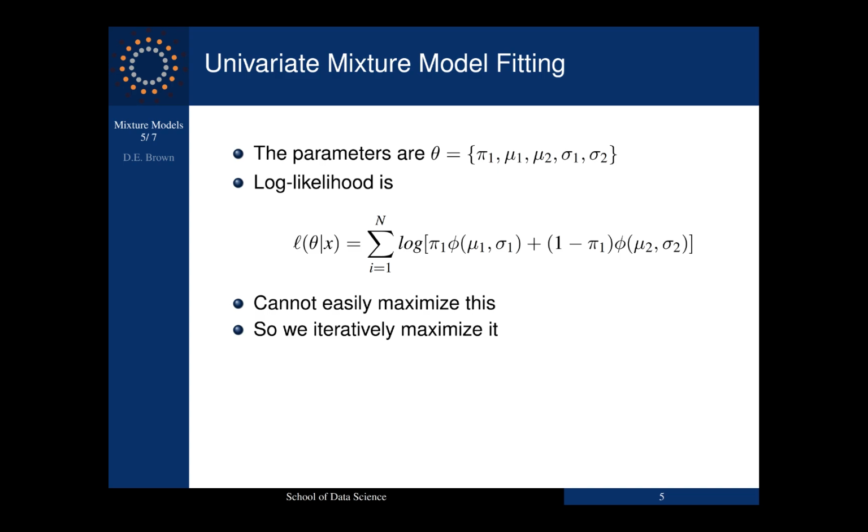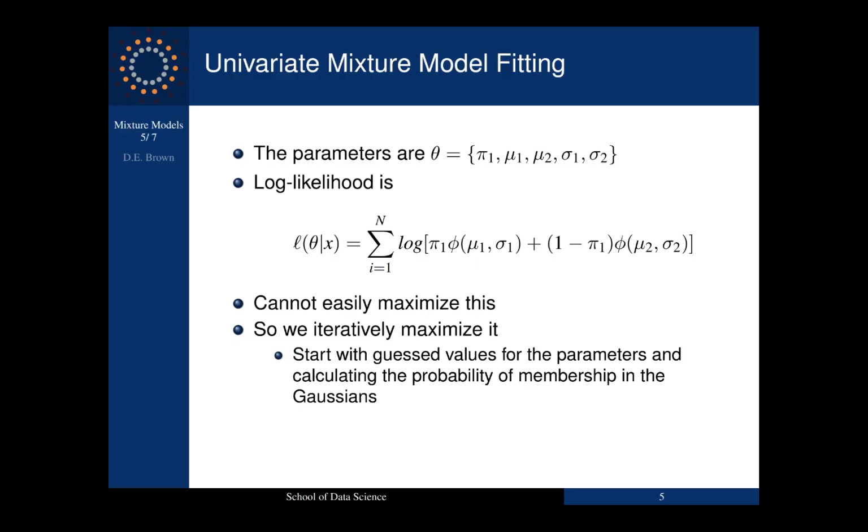So how do we approach it? We iteratively maximize it. So here's just a brief overview of what we'll talk about next time, which is the EM algorithm. The way we do it is we start with guessed values for the parameters, and from that we calculate the probability of membership in each one of the Gaussians, in this case, one of the two Gaussians.